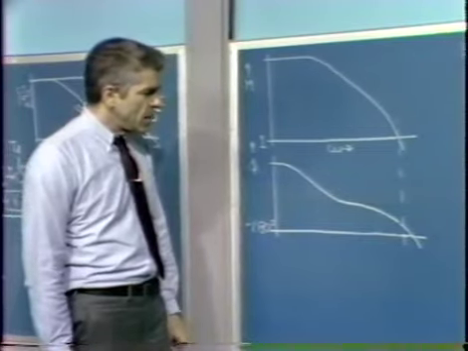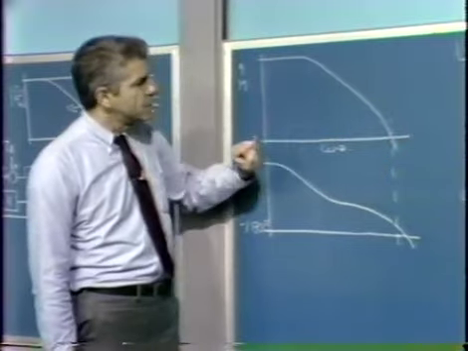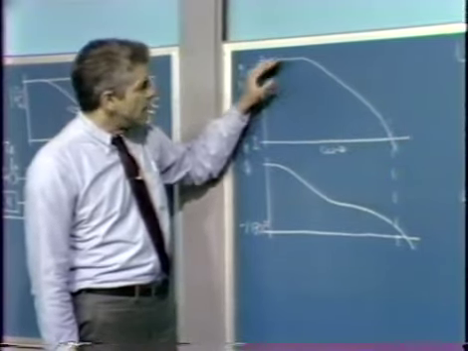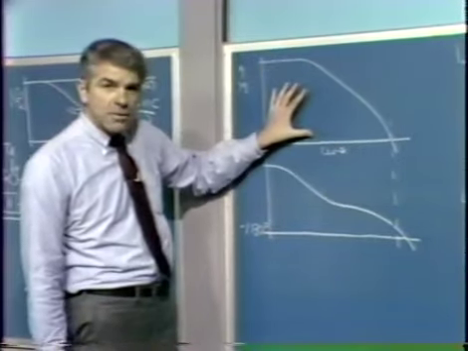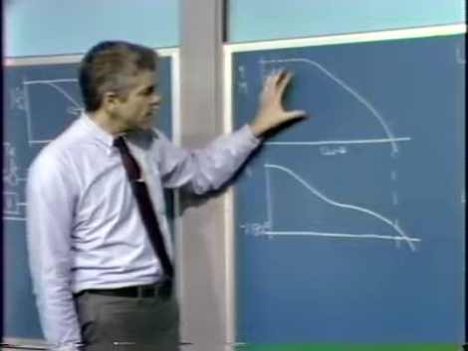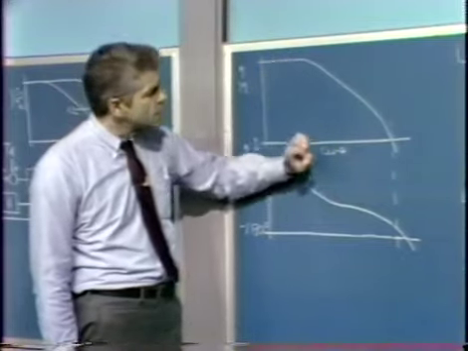Another thing that we might like to do is somehow push down the magnitude, but not at all frequencies. We spoke last time about simply lowering the A0 F0 product, which of course pushes down the magnitude at all frequencies. The disadvantage to that approach is that it lowers desensitivity at all frequencies.